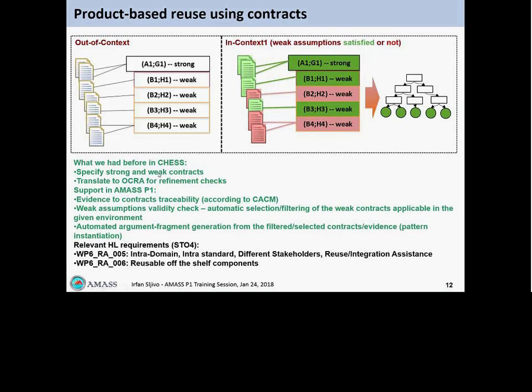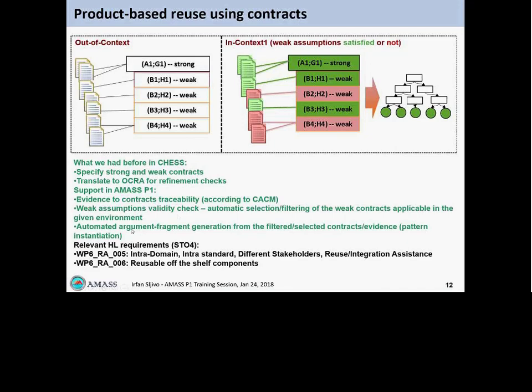So what we had before in CHESS, we had the possibility to specify strong and weak contracts, and to translate them to OCRA and check refinement and so on. What we added in P1 is the traceability, being able to attach evidence and assurance assets to the contract, to automatically check the validity of these weak contracts and automatically select which ones are the green ones, the ones relevant in this particular context.